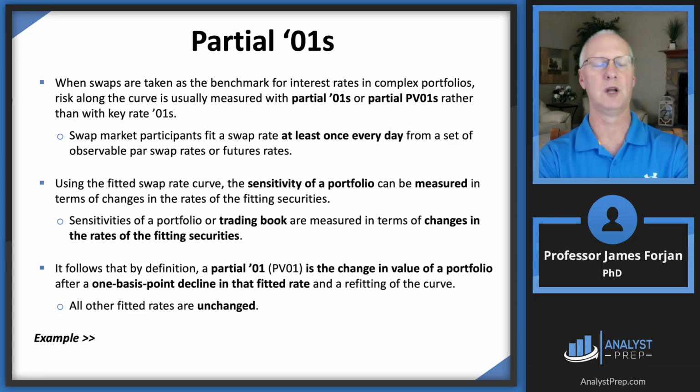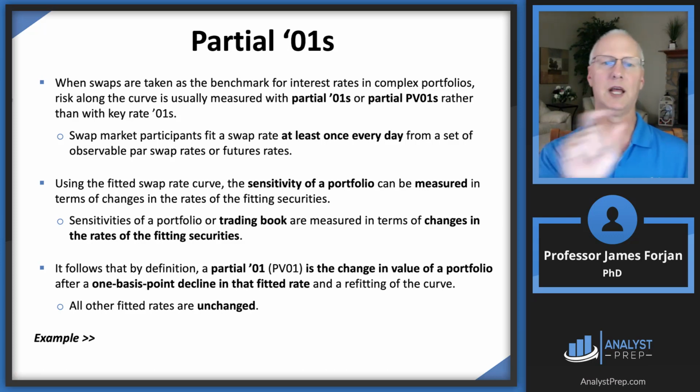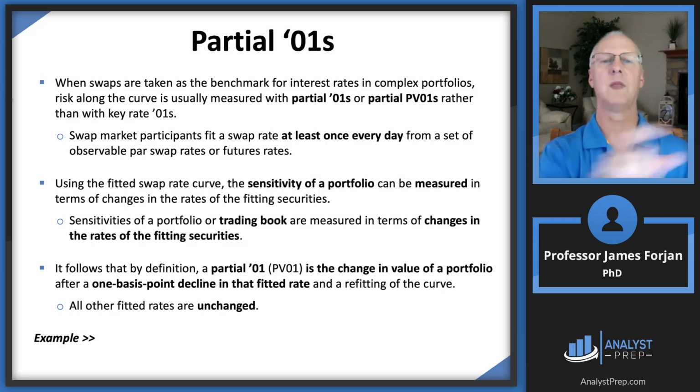And that's because the swap market participants have the swap rate once a day, twice a day, five times a day, because they can observe those futures over in the futures market, and then they can observe the swap rates and the par swap rates.